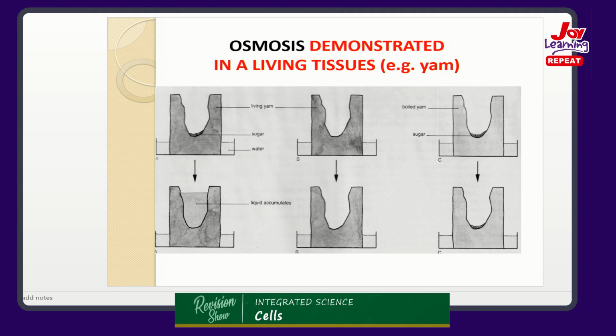Then after some 30 minutes to 1 hour, or after leaving it over a day, you see that the water level goes up. In the other one, where we didn't put salt or sugar, nothing happened, because one place was not concentrated for water to move into it. If it's a boiled yam, then the yam is no longer living. So osmosis usually takes place only in living things.